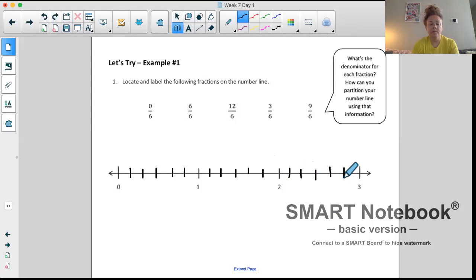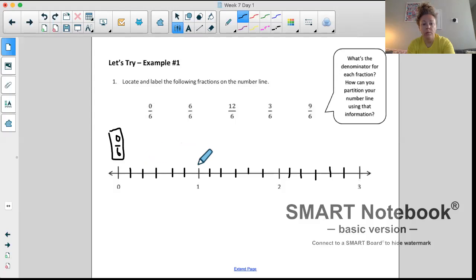Okay. And then once you've done that, we want to label our whole numbers. So we know 0 wholes would be equivalent to 0/6, and that's actually one of the numbers we need to plot anyway. And remember, we box these.